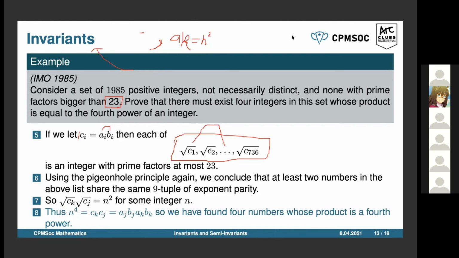So that does help narrow down the cases, because you just have to look at the parity of the exponents. So that's the main thing that matters. The actual size of the exponent is not too important, but the value modulo 2 is important.